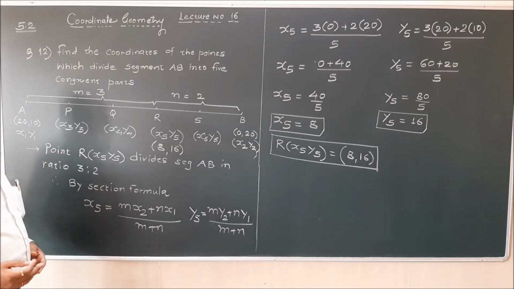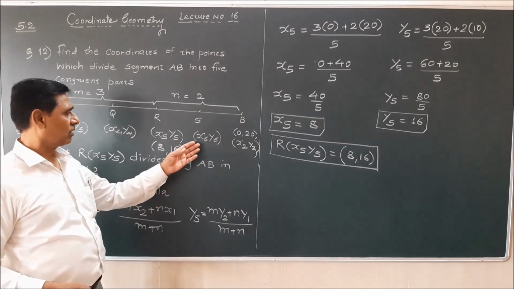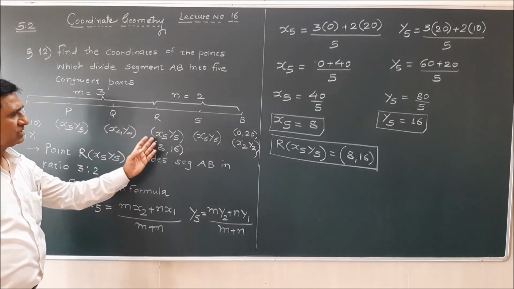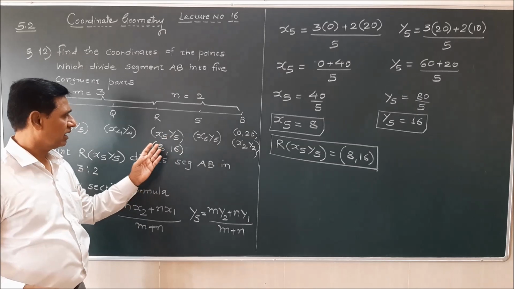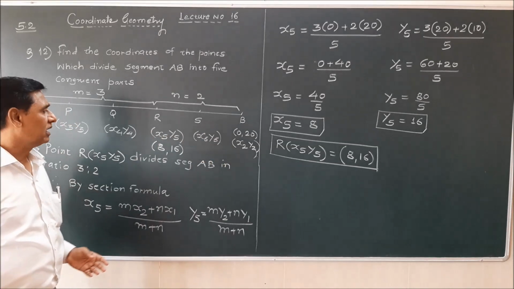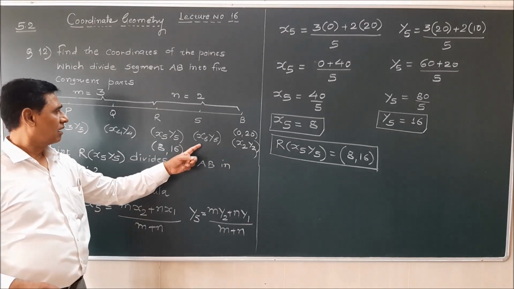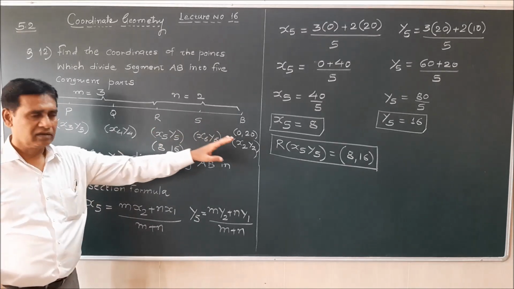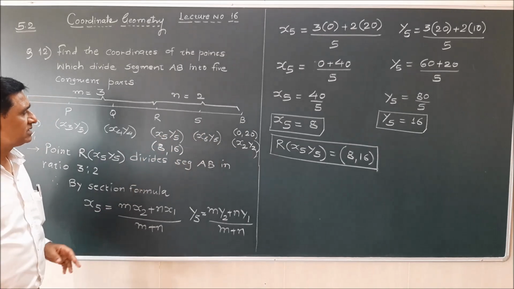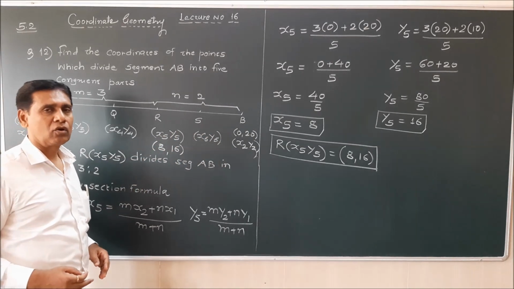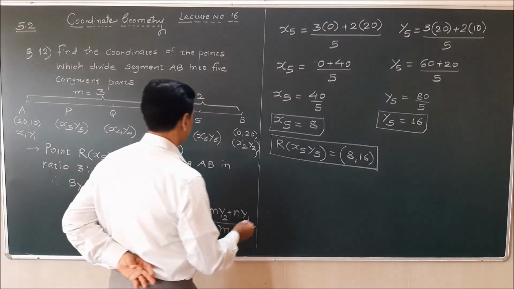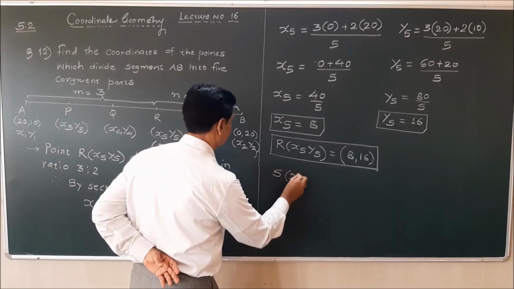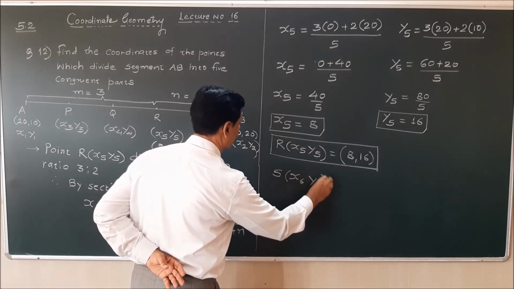Let's see that for at least one more point, S, which is quite simpler than this. Okay, so here we know the coordinates of R, so we can find the coordinates of S by using the midpoint formula. Let's see how to find the coordinates of S, which are x6, y6.